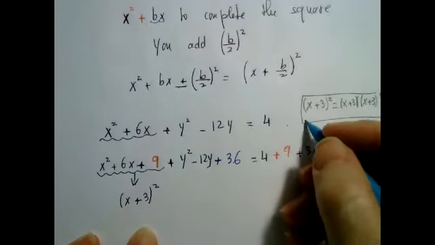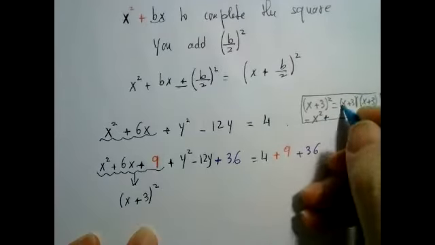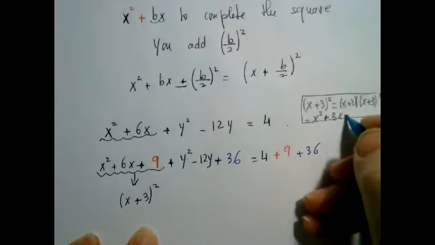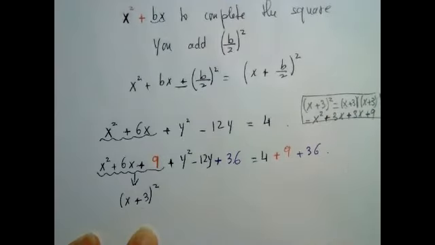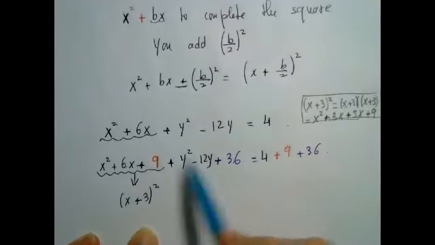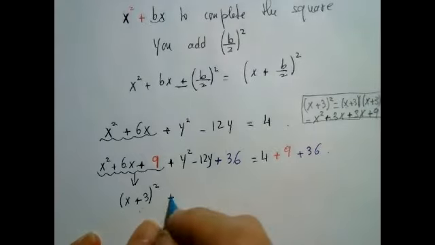Let us multiply them. x times x, x squared, plus 3x, plus 3x, plus 9. It means x squared plus 6x plus 9. So this expression and this are exactly the same. We're not changing anything, we're just rewriting. Now plus.